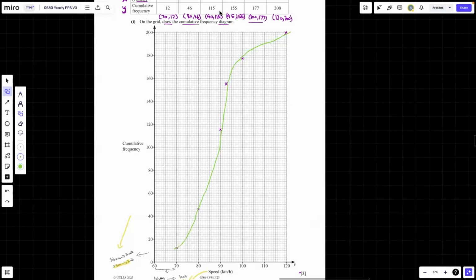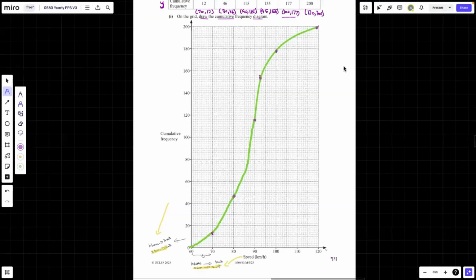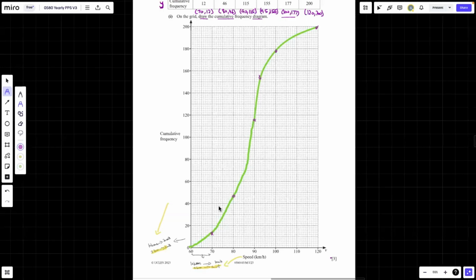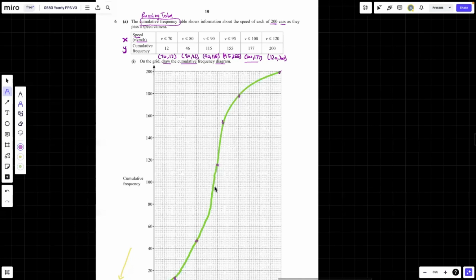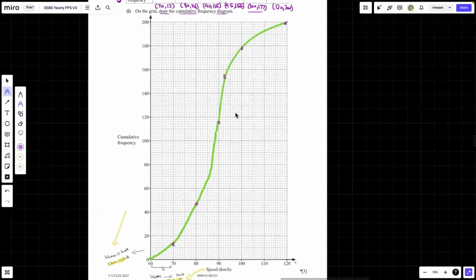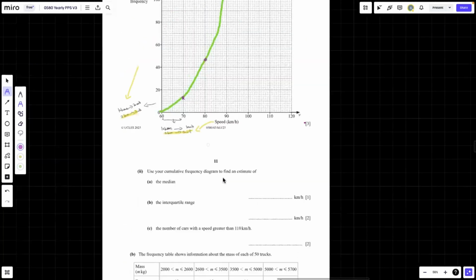Let's get that right. Okay, so that's how the curve is going to look. Try to make sure it's not straight lines. It's actually a curve, and try to make it much more smooth than I have, ideally, and make sure that it passes through the points that you've marked.